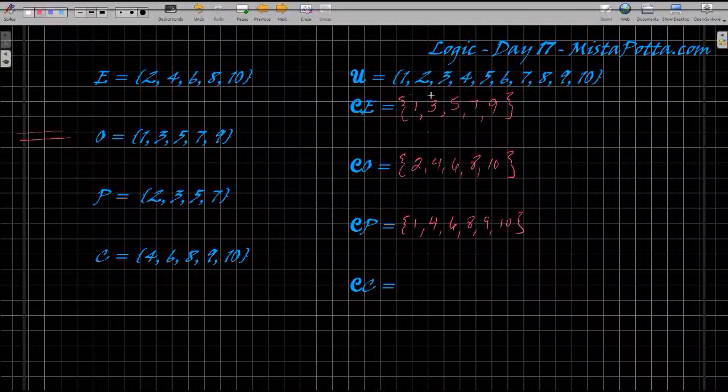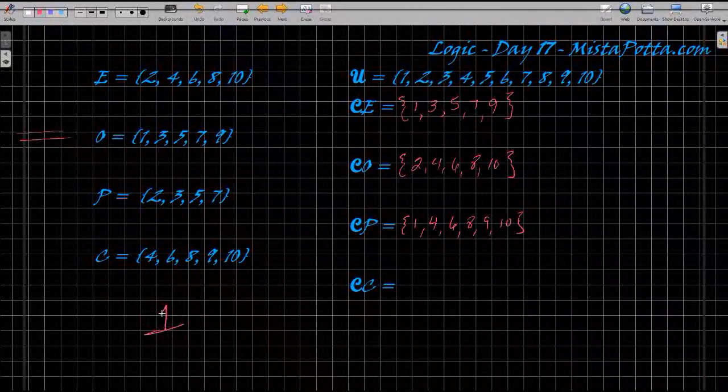Those are the elements of my universe that were missing from P. And notice that it's not exactly the same as my set C. And that's because 1 is a number that is neither prime nor composite.